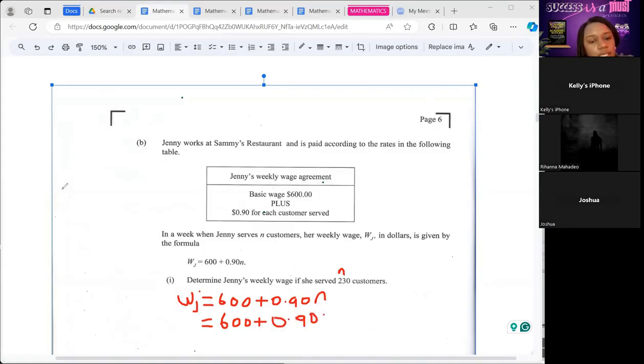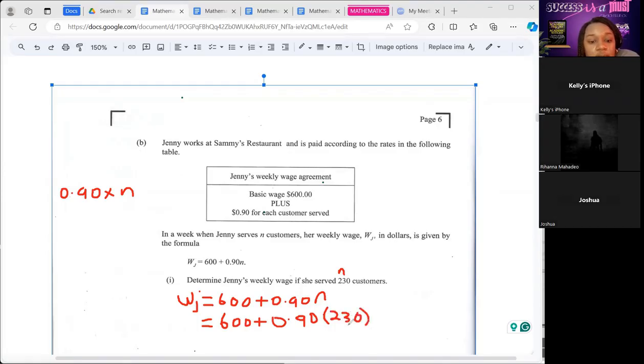And similarly to what I've told you all before, anytime you see numbers next to letters, you have to multiply, every single time. If you don't have to multiply, they will have to put a plus or a minus or any of the other signs between them. But when it's multiplication, that's the only sign they don't have to put.